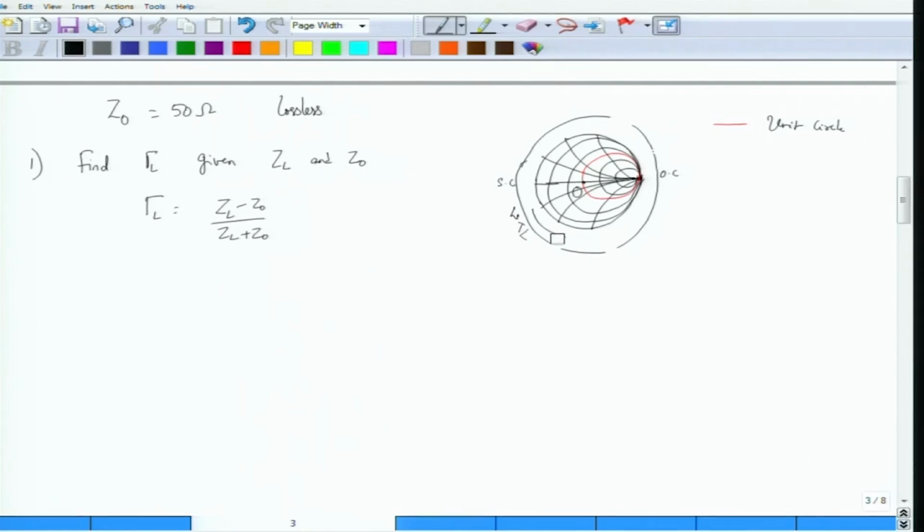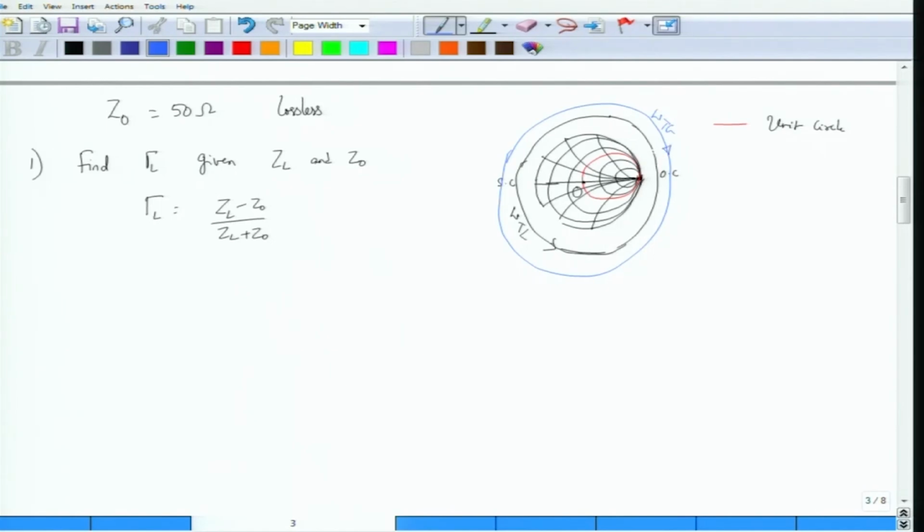So let's write it down like this: this is your wavelength towards load circle. There is another outer circle which is very important for our case, which is the wavelengths toward generator. It would go in this clockwise direction.